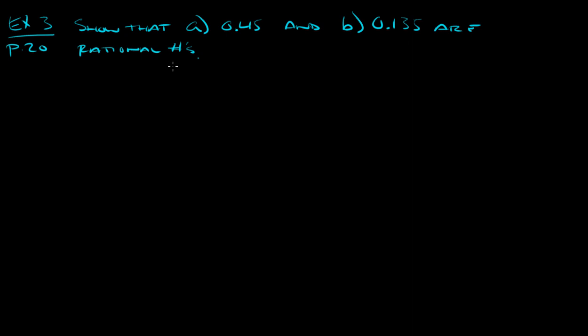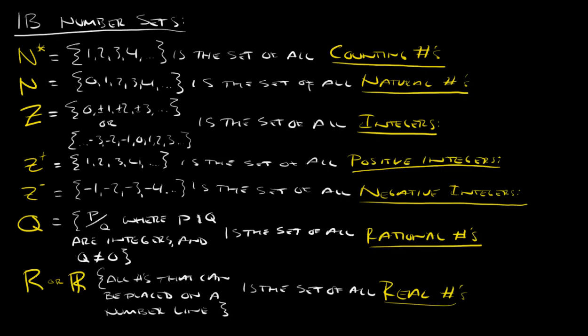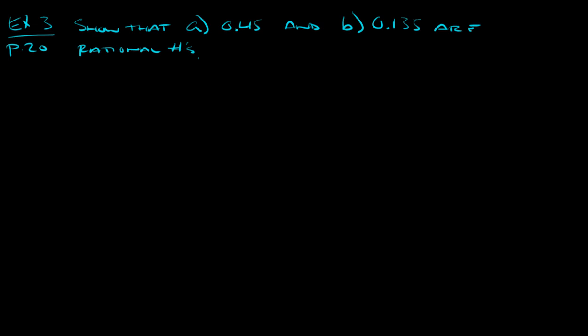Alright, so again, if you'll remember from our previous page here, rational numbers are something that can be represented as a fraction. So basically, if we can just take what we have here and show this as a fraction, then we're set, right? So that hopefully is pretty simple.